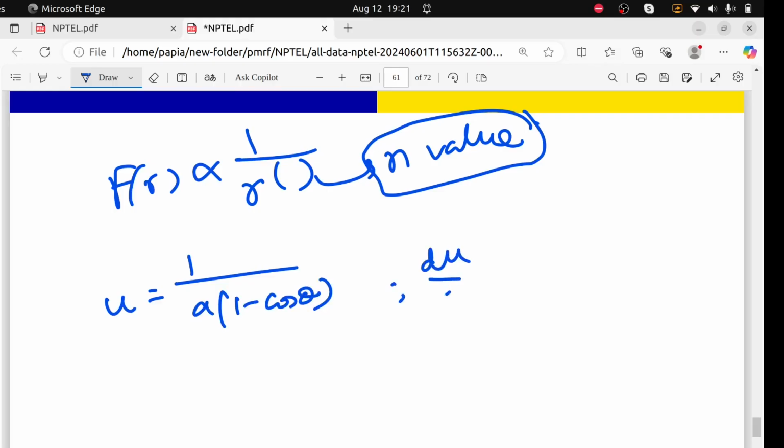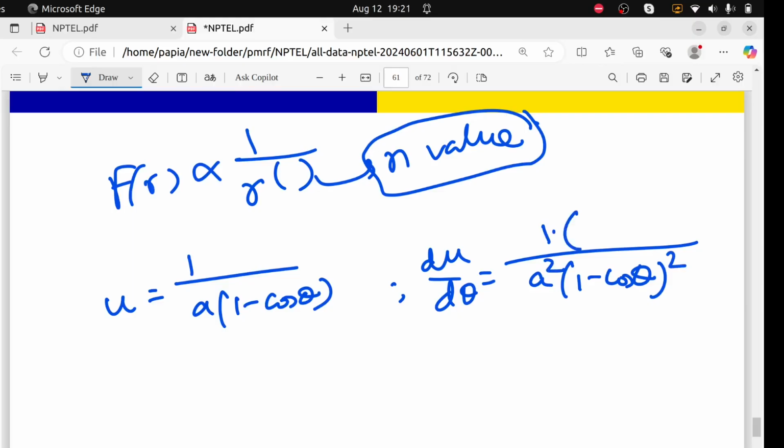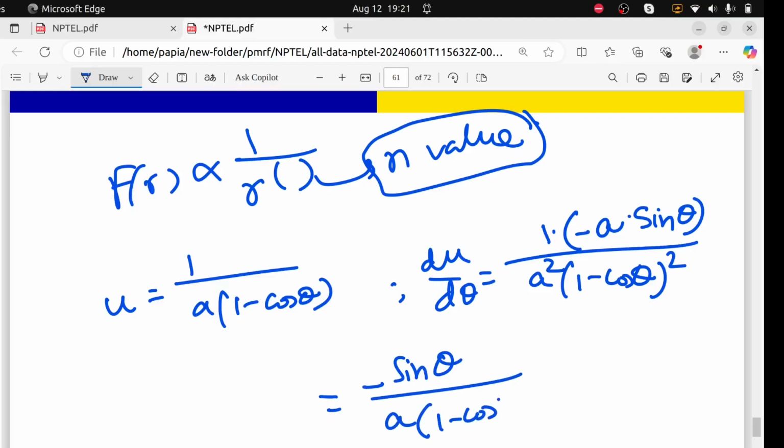So du d theta is a 1 minus cos theta whole square into, as it is, minus a into minus, that means simply sin theta. So it will be minus sin theta divided by a 1 minus cos theta whole square.